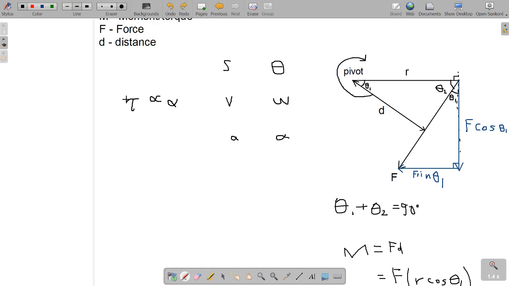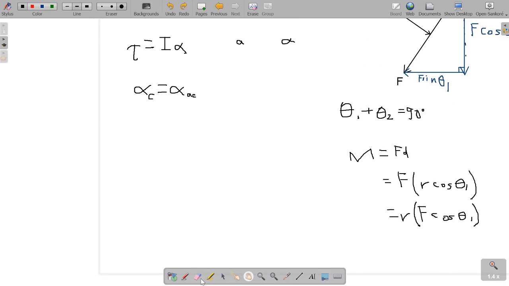As for why this is true, I don't exactly have a proof, but in rotational kinematics, it says that torque is equal to I alpha, where I is something called moment of inertia. So when the whole system is not moving, the angular acceleration in the clockwise direction is equal to the angular acceleration in the anti-clockwise direction.